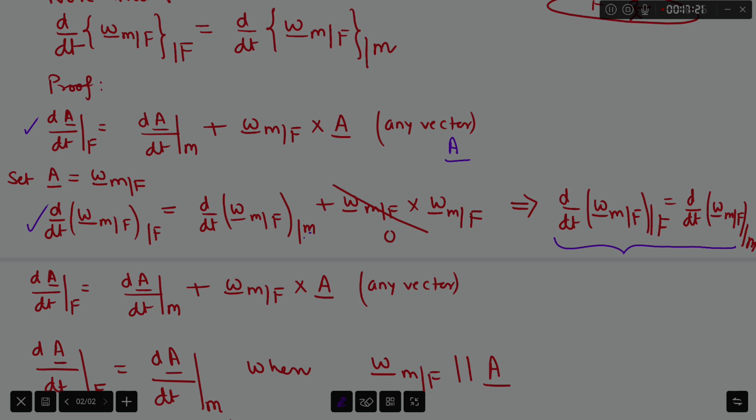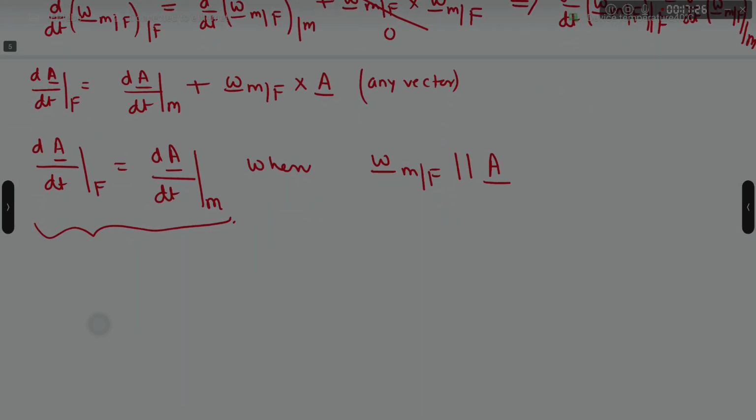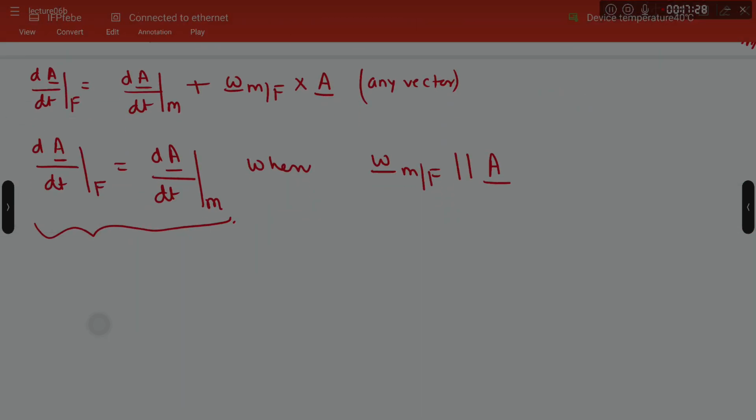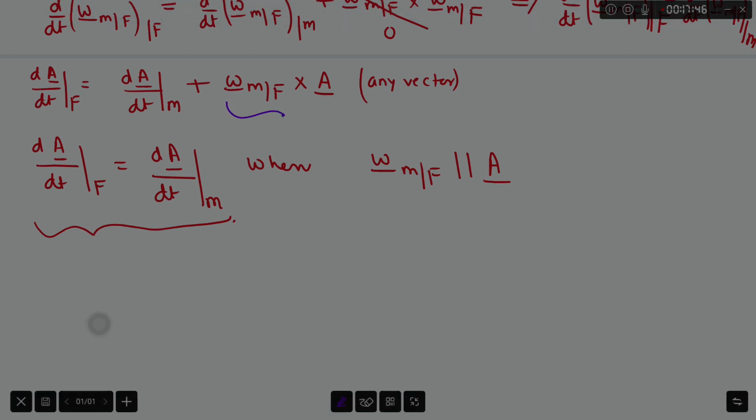In fact, such an interesting observation arises not only for omega mf. It turns out that any vector A which is parallel to omega mf will lead to zero contribution arising from this term.